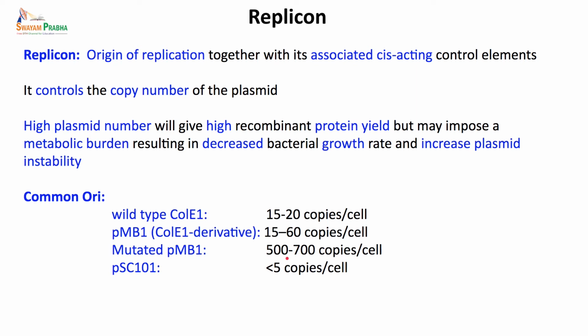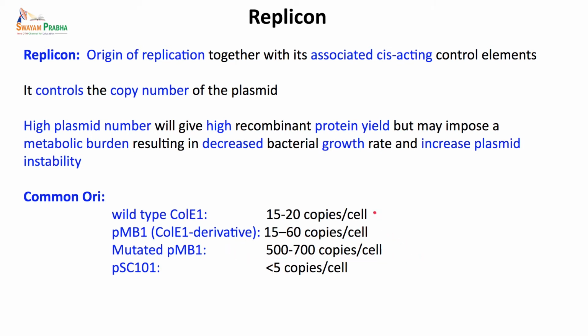And another thing that may be of interest, supposing the protein does not fold properly and it needs a lot of time. So if there is a lot of protein being produced in a very short time, bacteria may find it very difficult to fold properly. So in those cases, you don't want to have such a high number of plasmids.